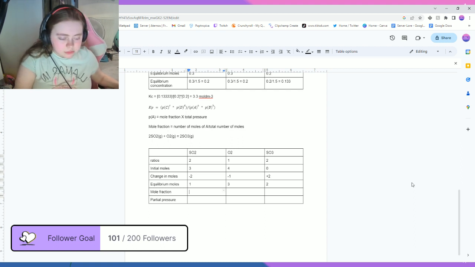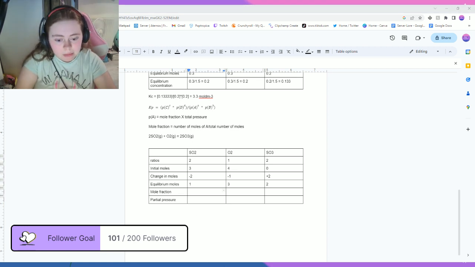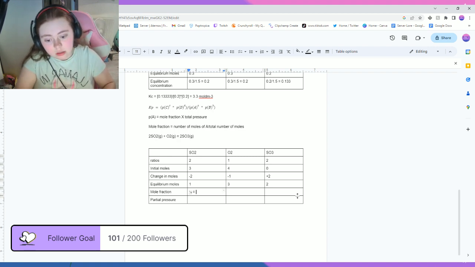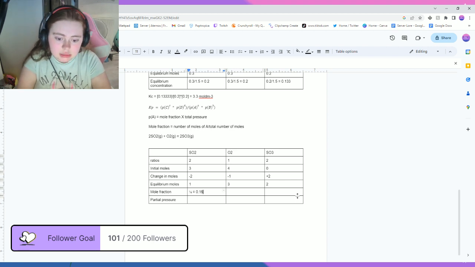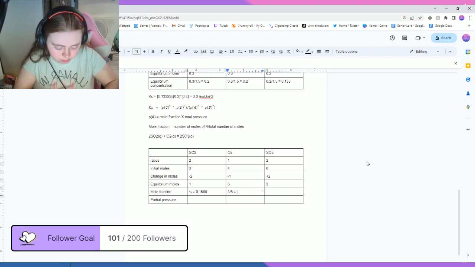Now the calculation for the mole fraction of each of these compounds. For SO2 you'll need to do 1/6, because that's the total number of moles, which is 0.166 recurring. Then 3/6, which is 0.5, I believe.